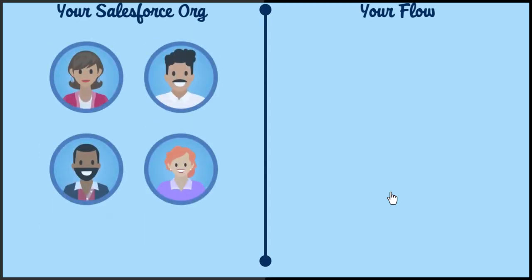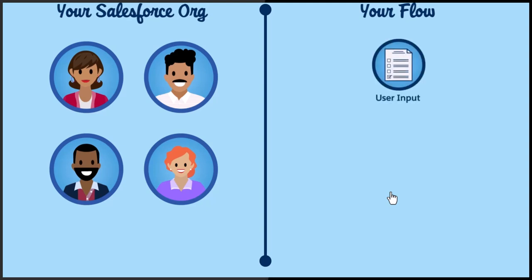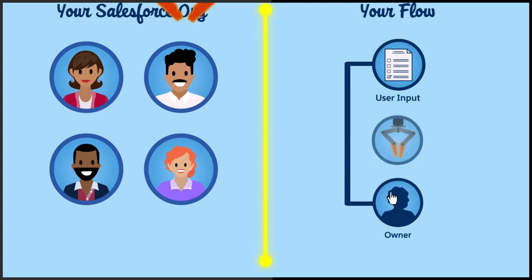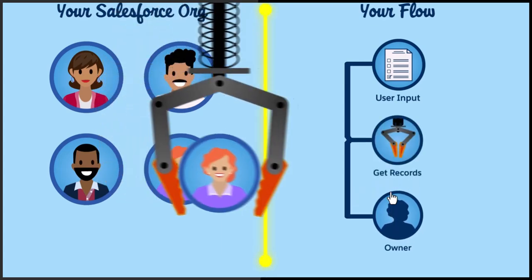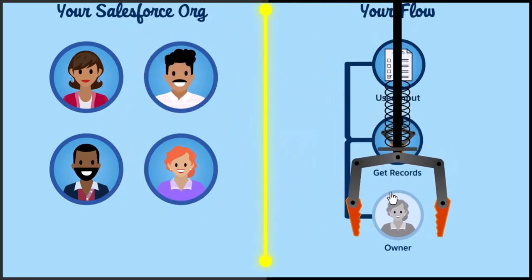You need a screen flow where a case is created and automatically assigned. One required field of this flow is owner, the user to whom the case is assigned. We have to tell the flow which user will own our new case, but the flow only has access to the user who is currently running the flow. To bring that data into flow, we need to use the getRecords element to pull in the ID of the user who should own the case.